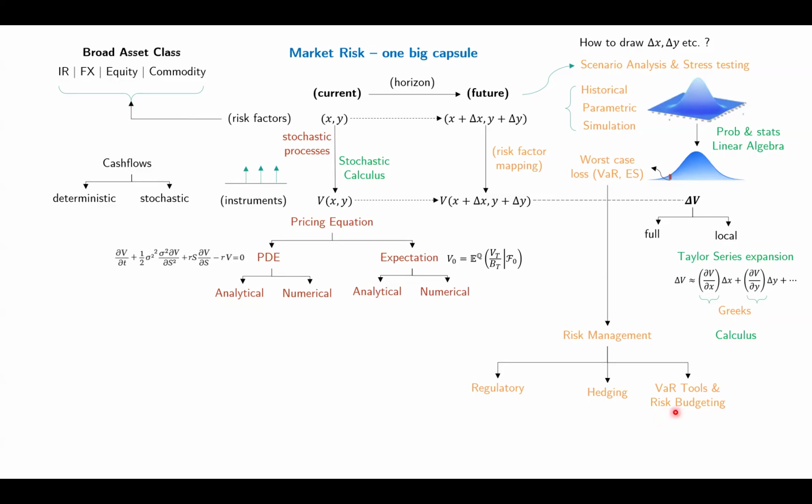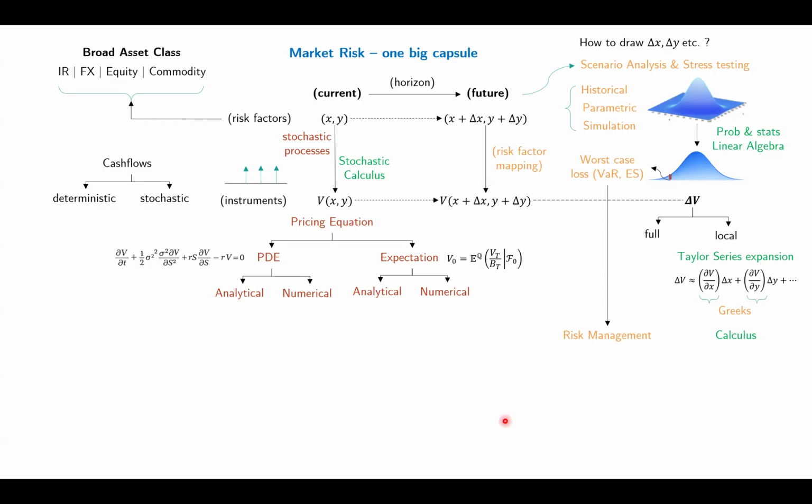Risk acts as a budget because there is a certain amount of risk that you can take, not beyond that. So how do you invest in different portfolios that give you higher return while still being under the risk? There are a lot of tools: marginal VAR, component VAR, incremental VAR. All of these tools help us in decision making and risk budgeting.